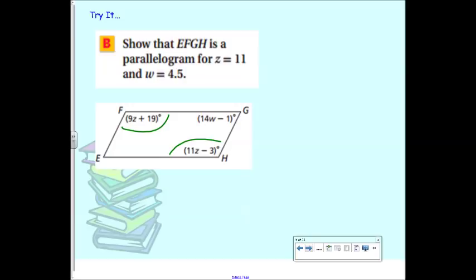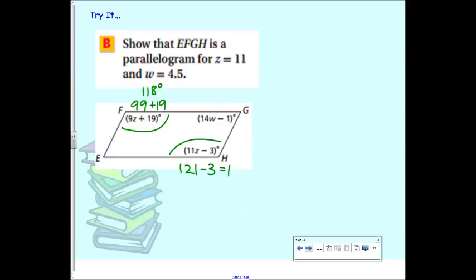What am I plugging in? 99 plus 19. Someone with a calculator confirm that, but I believe that is 118. 118? Okay, 118. 121 minus 3, which equals, perfect, 118.